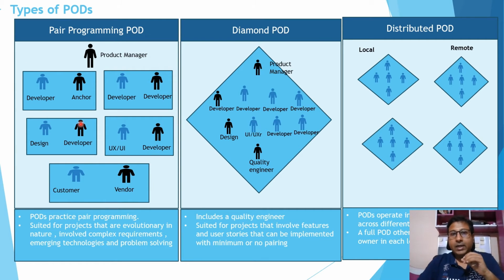Okay, now the diamond shaped pod is another kind of pod, for projects dealing with feature heavy use cases or user stories, right?